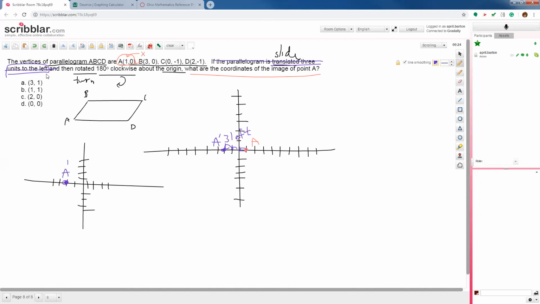So now we need to rotate 180 degrees clockwise about the origin. We need that lever again. When we do the rotation, clockwise means we'll be heading this way. That lever still needs to be that same distance from the origin. So we said 180 degrees is halfway around.